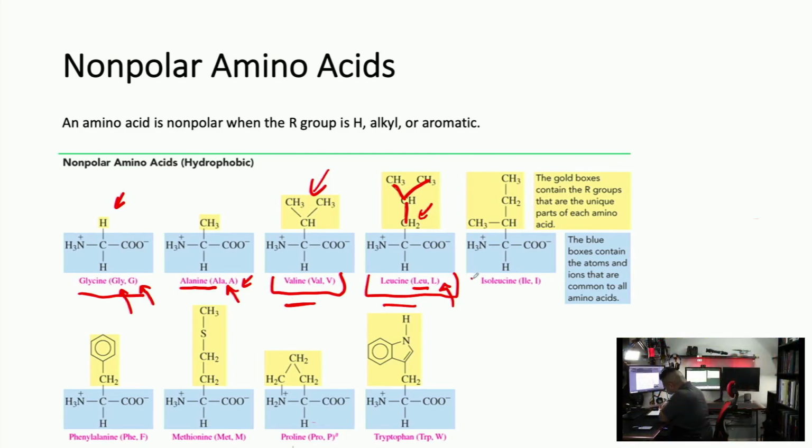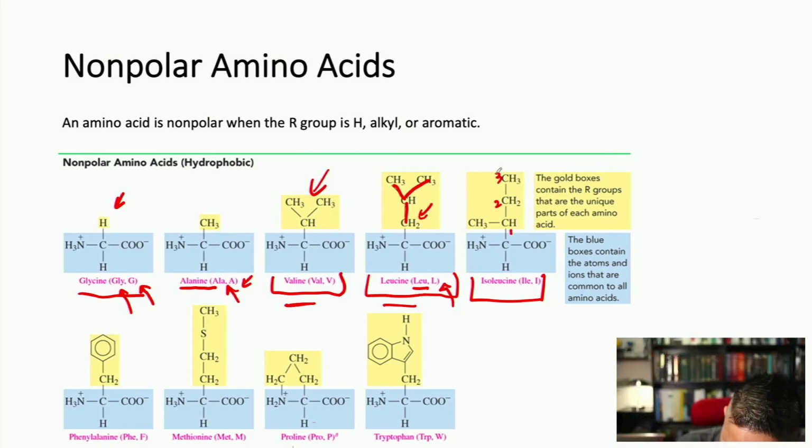And then we have isoleucine. Well, remember what iso means when you put it in front of a molecule's name. It means that it's the same molecular formula, it's just structurally different, right? So how is isoleucine's R group the same as leucine's, and how is it different? Well, for one thing, isoleucine has 3 carbons in a row right after the alpha carbon, 1, 2, 3. It's the same thing with leucine, 1, 2, 3.